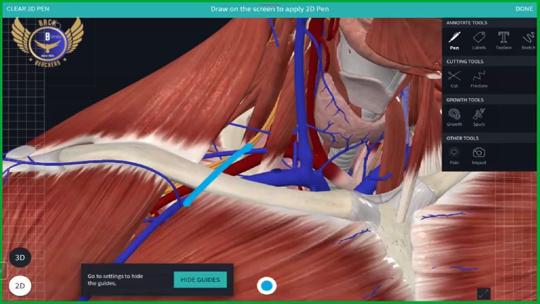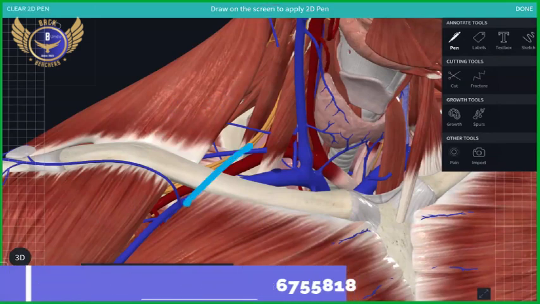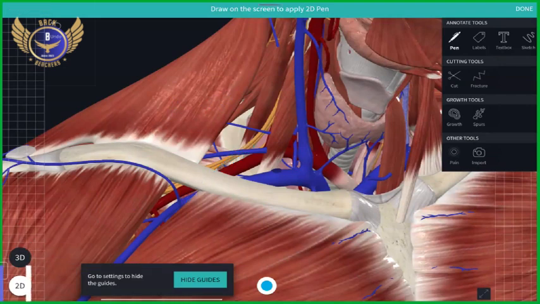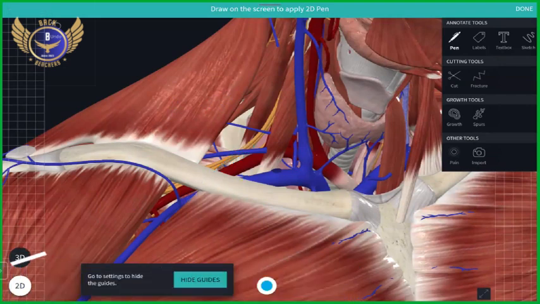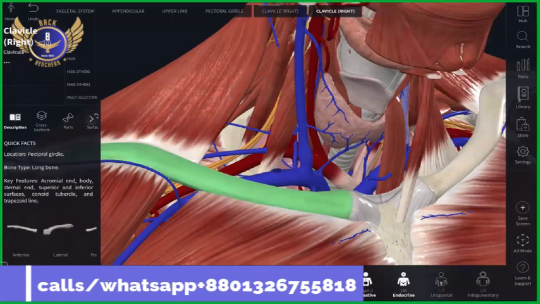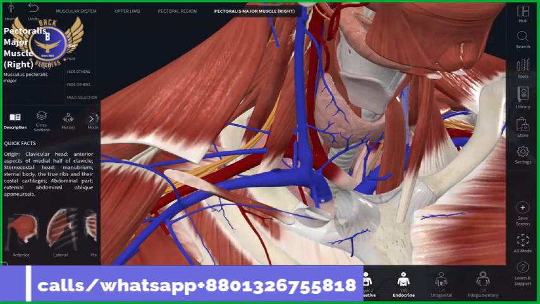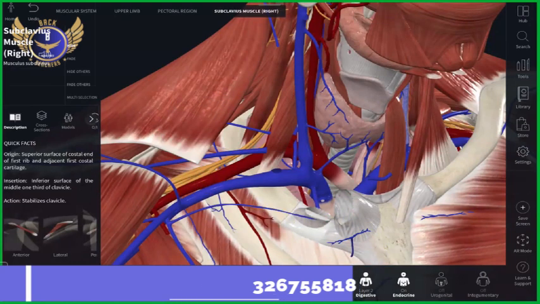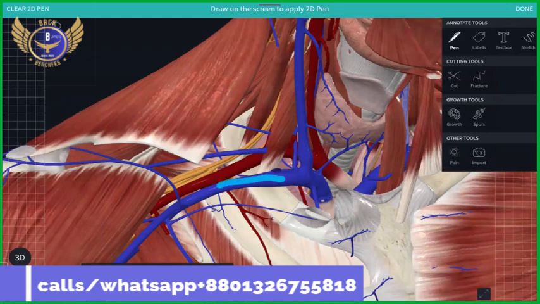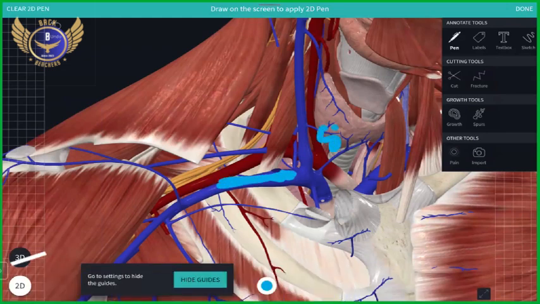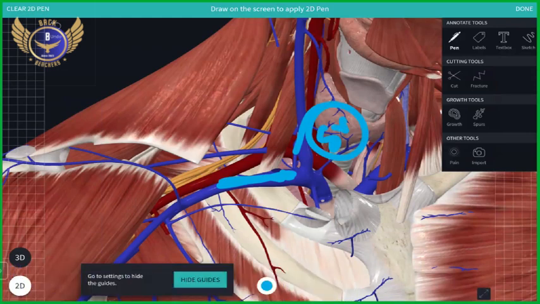A fracture in the middle third of the clavicle, which structure will get injured? Let's say we have a fracture here, and let's remove the clavicle. Let's see what we get. See, guys, under the clavicle, the first thing we get is this one, the subclavian vein.